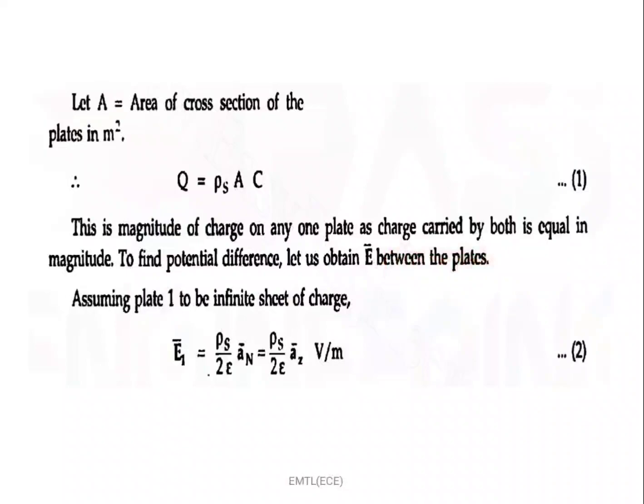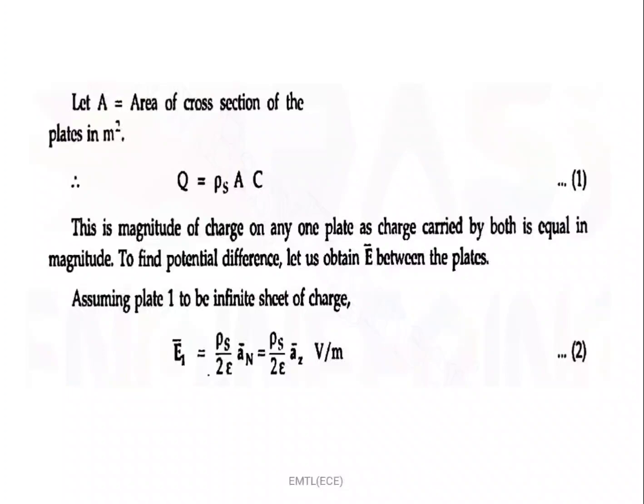As we already discussed in the first unit, electrostatics, applications of Coulomb's law or applications of Gauss law, the electric field intensity for an infinite sheet of charge is expressed as E is equal to rho s by 2 epsilon a n bar.